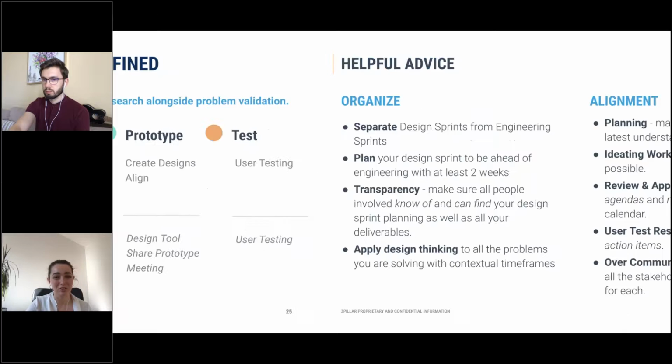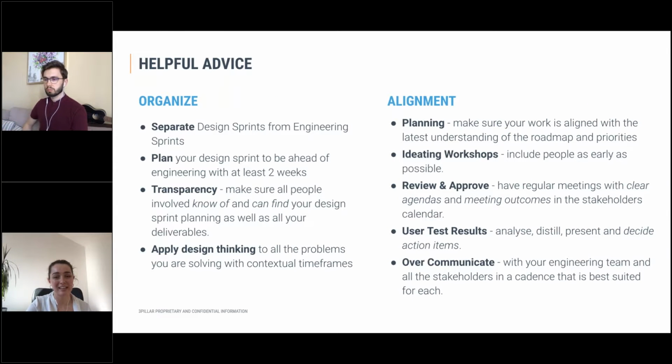I also want to share with you some helpful advice that is contextual to the long-term engagements. The two most important things that I found are organization and alignment. By how to organize, we can separate the design sprints from the engineering sprints.